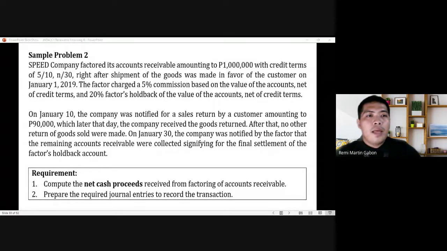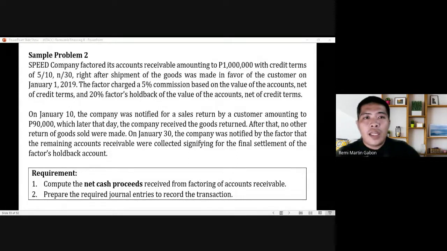Okay. The factor charges a 5% commission based on the value of the accounts net of credit terms. Take note, the 5% will be based on the value of accounts receivable of 1 million, but the commission will be based on the value of accounts receivable net of credit terms.